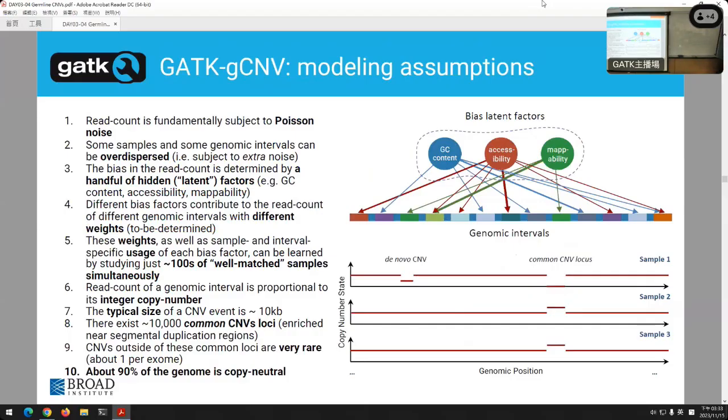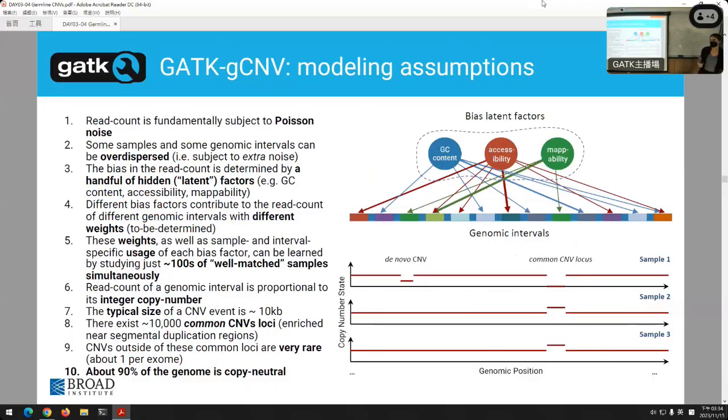Okay. Next, there are systematic biases in the read count that make it not directly only impacted by the copy number. And those biases are determined by just a handful of factors that we don't directly measure, that are unobserved.